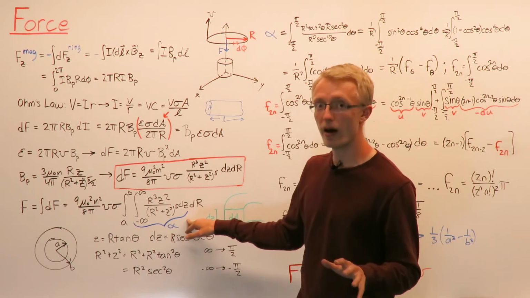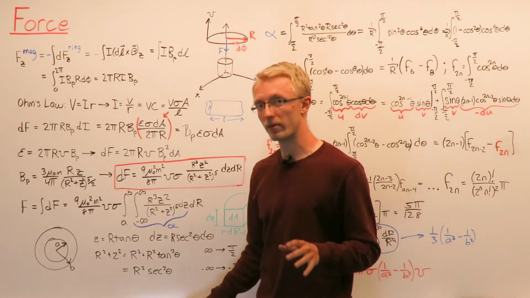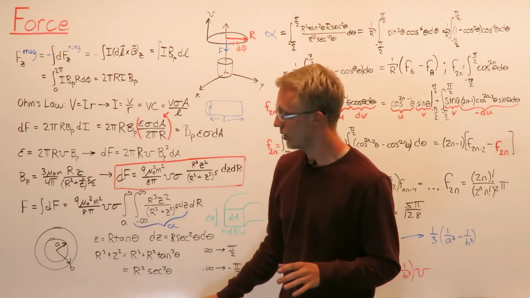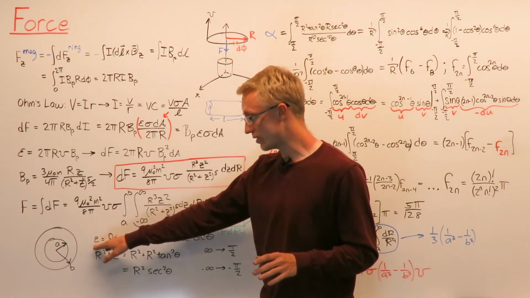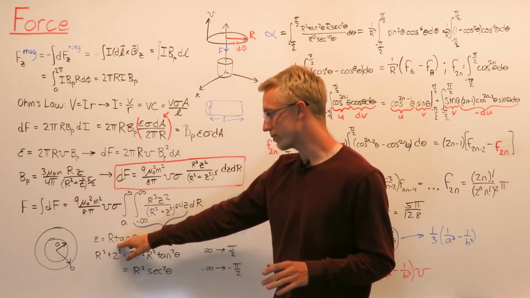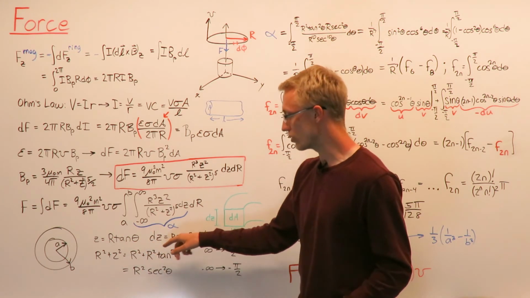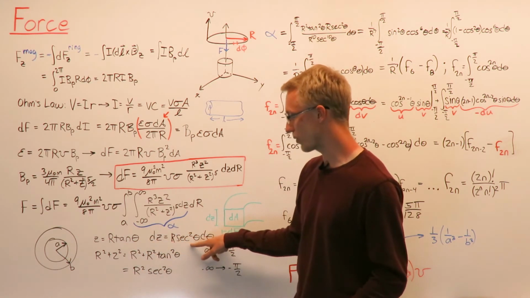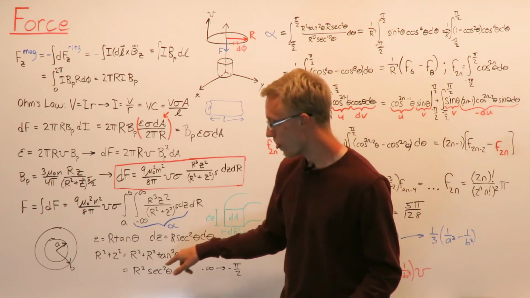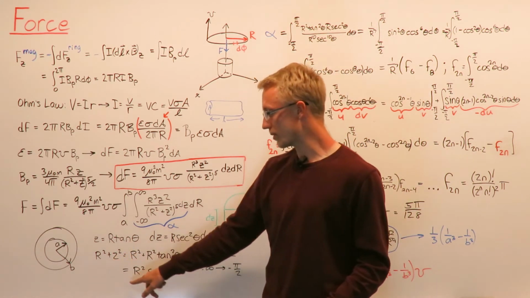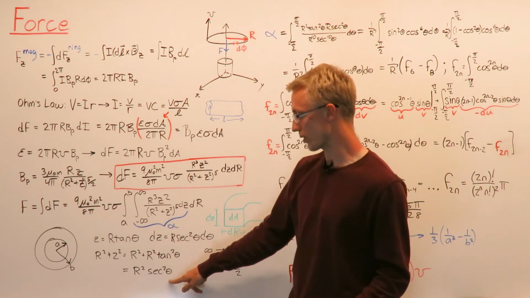And the first step to that is doing what's called a trigonometric substitution. I'm going to set Z equal to R times the tangent of theta, which means that dz is equal to R times secant squared theta d theta, and R squared plus Z squared becomes R squared secant squared theta.